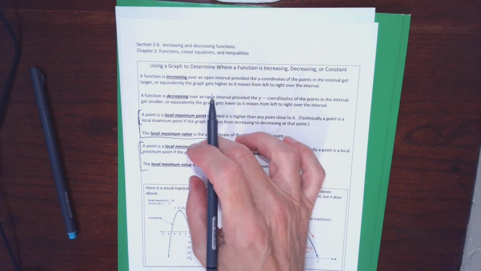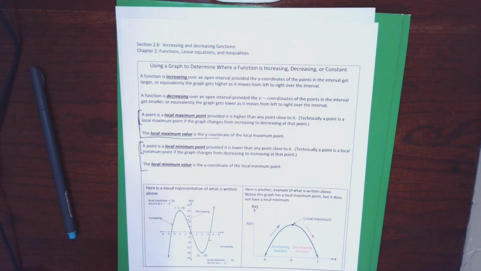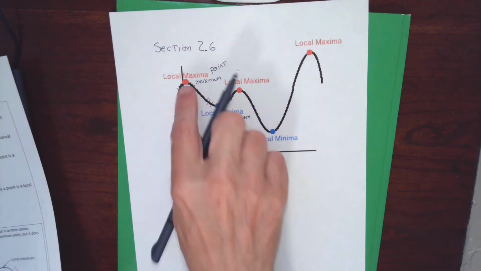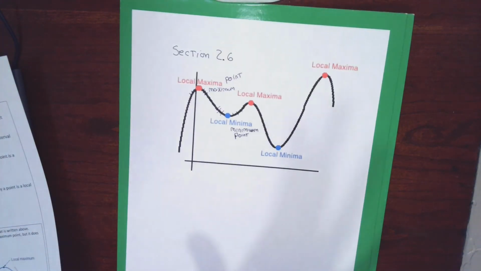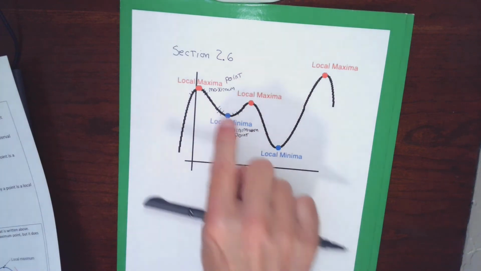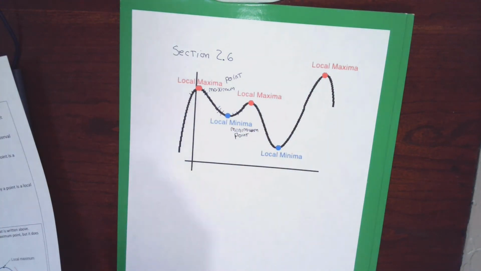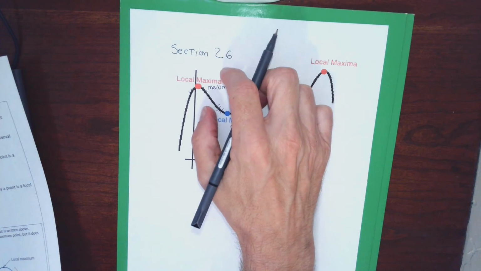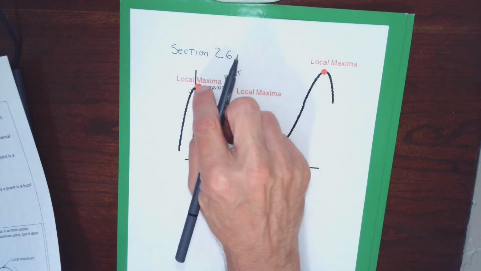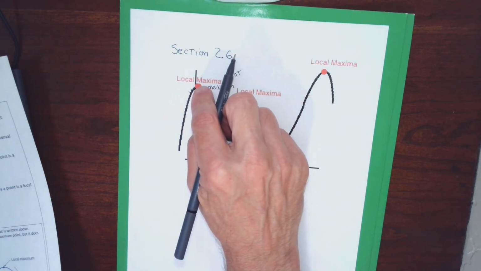Similarly, the local minimum value is the y coordinate of the local minimum point. So high points are maxima, maximums. Low points are minima, minimums. So the point itself, this is a local maximum point. The y coordinate of this point, whatever it happens to be, would be the local maximum value.